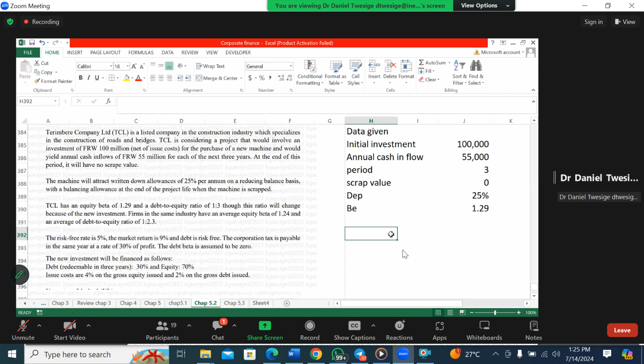And because of the new investment, firms in the same industry have an average equity beta, which is 1.24.